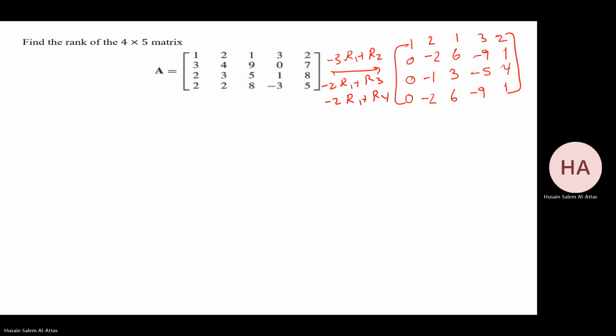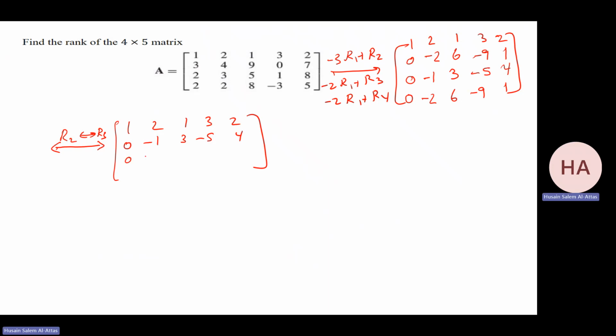Okay. So what I will do, I can interchange R2 with R3. Of what? 1, 2, 1, 3, 2. I have 0, minus 1, 3, minus 5, 4, because I need the ones.